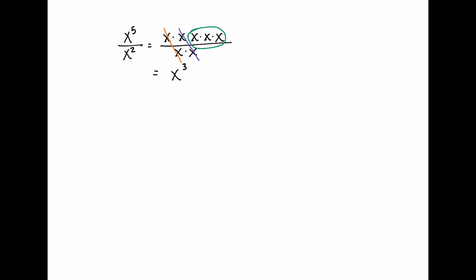Okay? How do I get that from my original? You subtract these two. Okay? What I generally say is the 2 on the bottom cancel 2 on the top and leave you with 3. Okay? So another one.